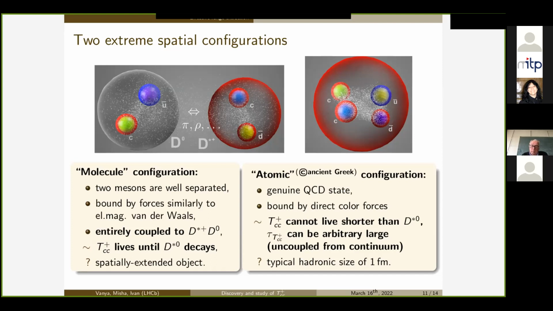However, there's always a question that it's quite possible that there is at least some admixture of a compact part, which you can call the atomic configuration here, where the two c quarks are really close together, binding in the color antitriplet, and then attract the anti-u, anti-d quark like one heavy quark in a baryon.